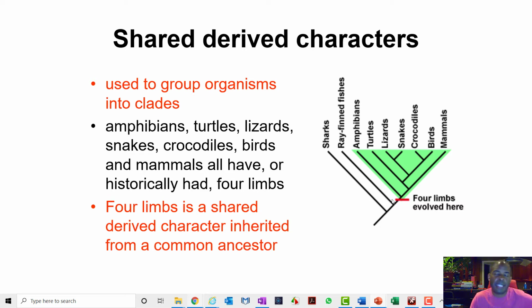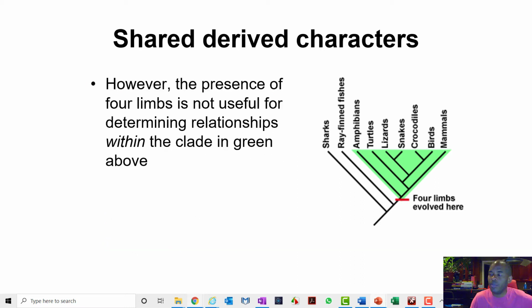It might be the air bladder or the gills or some other feature, but something the ray-finned fish have along with all of these animals here. Four limbs is a shared derived characteristic of amphibians, turtles, lizards, snakes, crocodiles, birds, and mammals. They all share it, so they're all grouped together. And as we keep going up, we're going to find other things that will allow us to classify certain organisms more closely to each other.